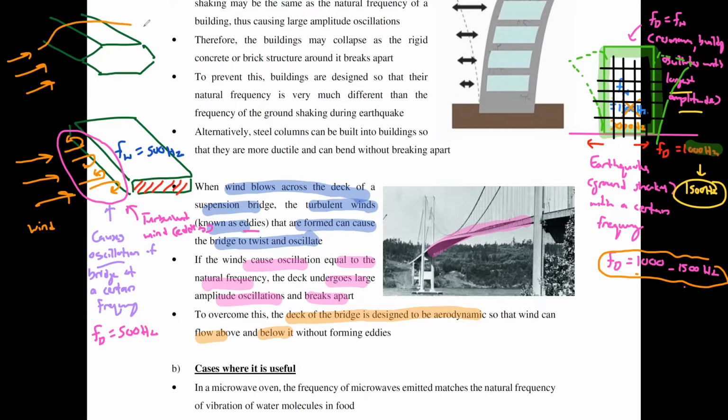This one can flow above, this one can flow below. This way you will avoid causing any kind of oscillation on your bridge.